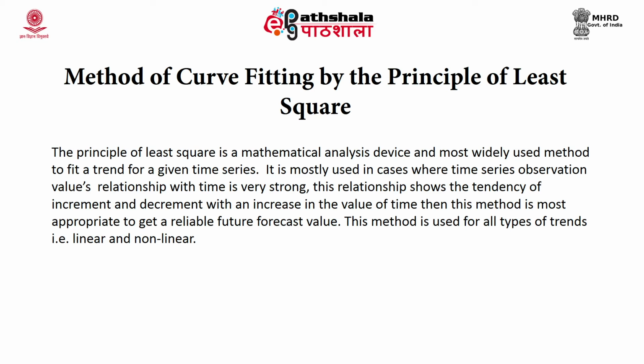This relationship shows a tendency of increment and decrement with an increase in the value of time. Then this method is most appropriate to get a reliable future forecast value. This method is used for all types of trend, that is linear and non-linear.